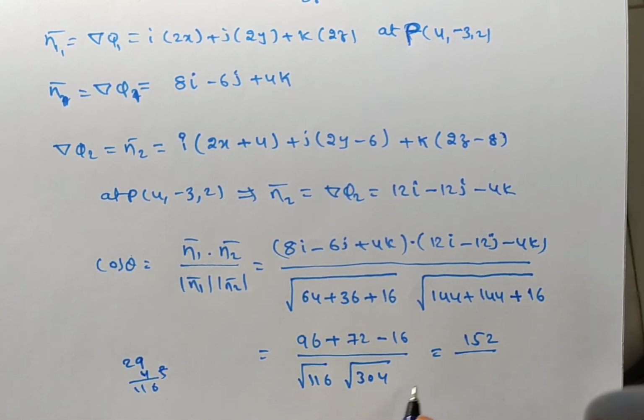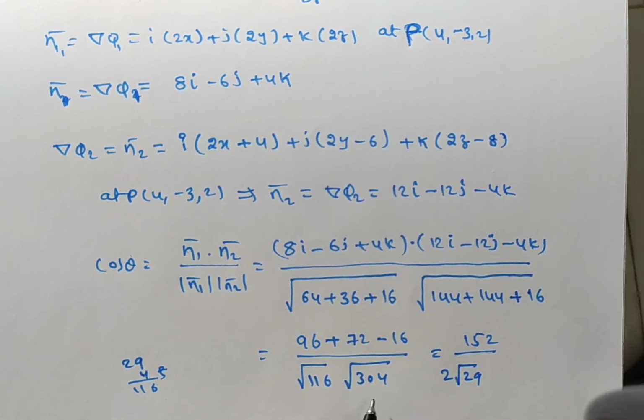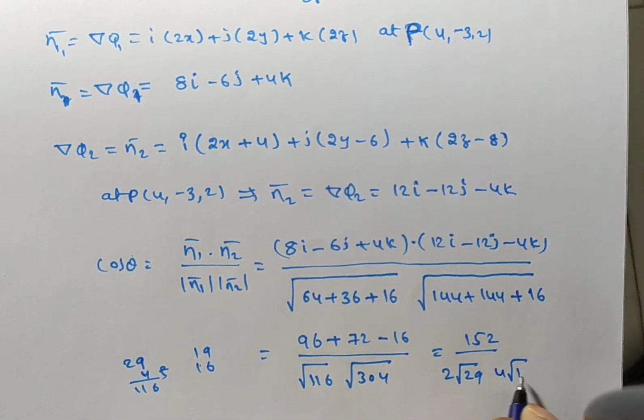So 4 times means you can take 4 outside, then you will have 2 root 29. Next this 304 also you can write as 19 times 16, then you will have 304. So the square root of this is nothing but here, root 16 is 4 root 19.